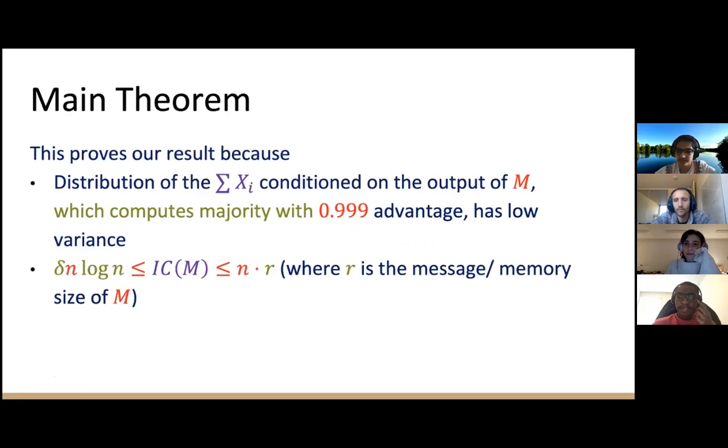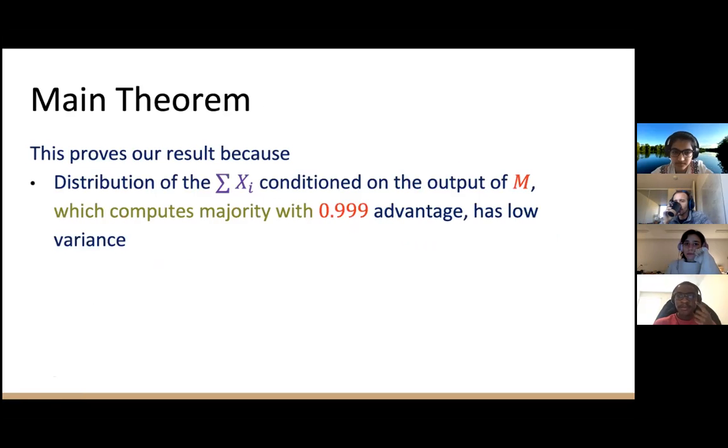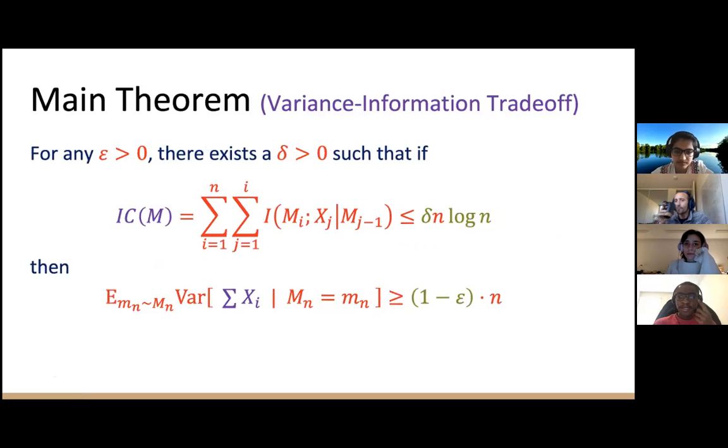I have a question about the main theorem. Can you go back one slide? So does this also imply that we can get the variance, using the law of total variance?